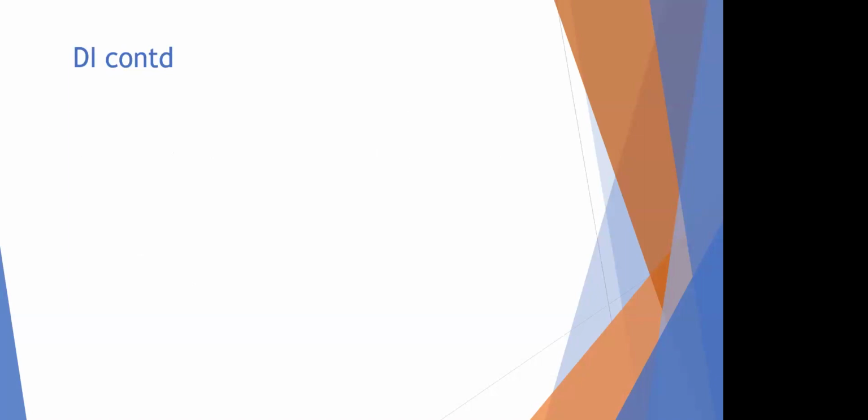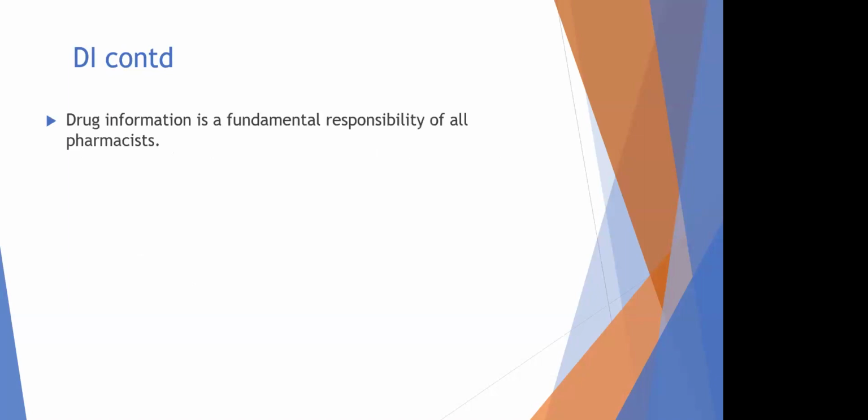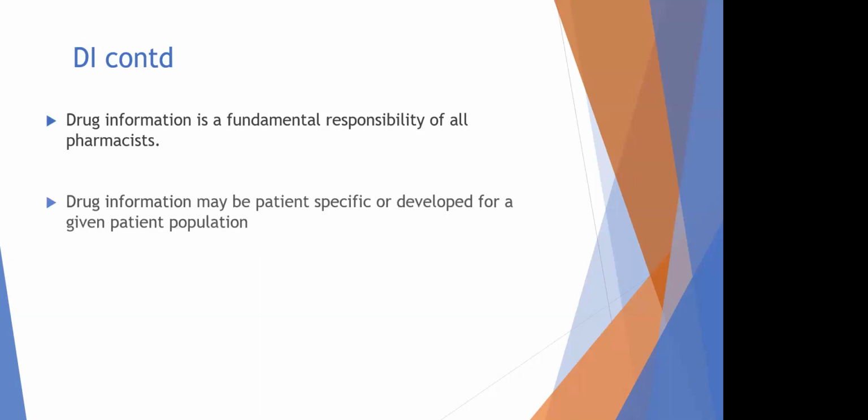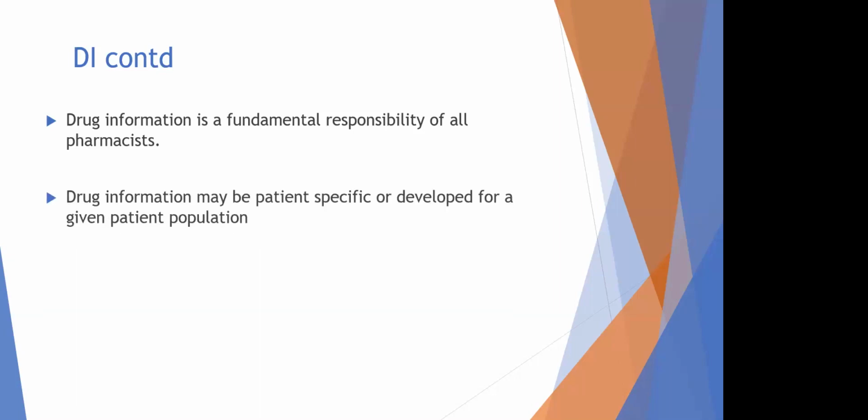Now, drug information is actually a fundamental responsibility of all pharmacists, no matter where you're practicing. We are responsible for drug information. And when we're looking at drug information, it may be patient-specific, for a particular patient, or for a patient population, like maybe you want to provide information for diabetic patients and hypertensive patients together in a facility.